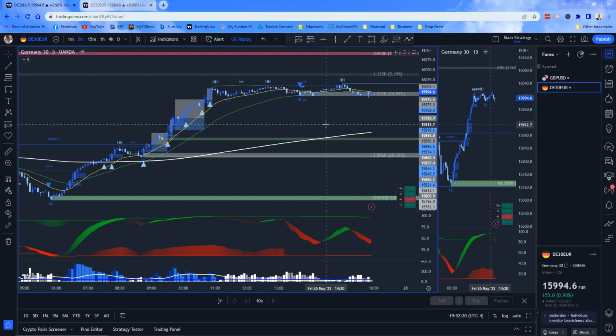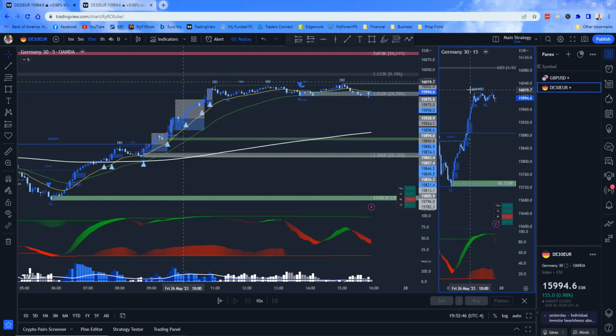On TradingView I run a split screen. On the main window, the box on the left, is the 5 minute, which is my entry time frame. Then I have the 15 minute on the side, which I keep an eye on.